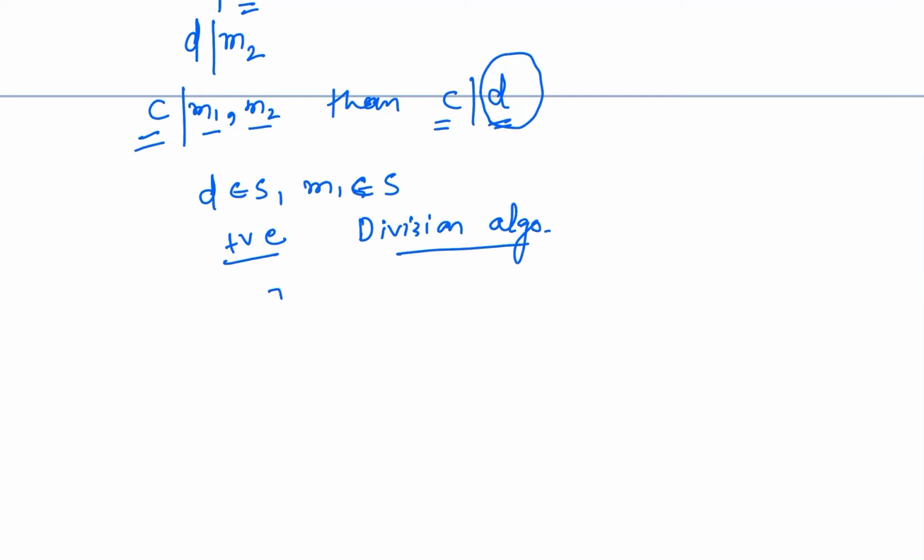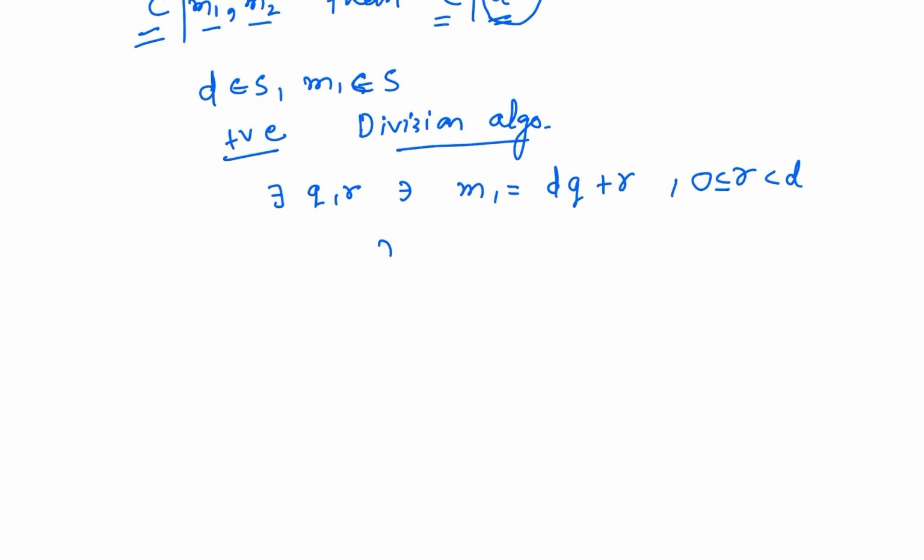It says that there exist Q and R such that M1 is equal to D into Q plus R, and R is between 0 and D.